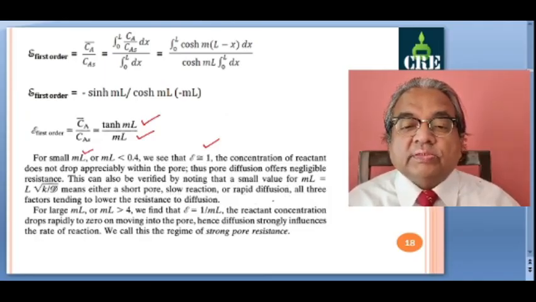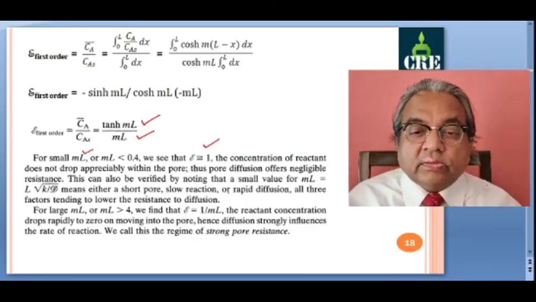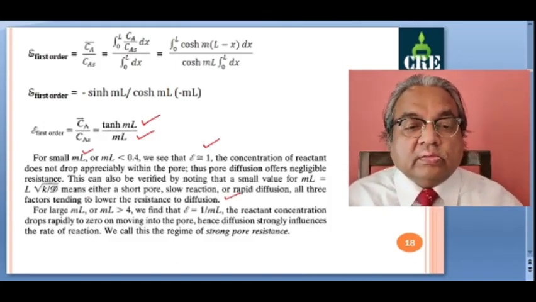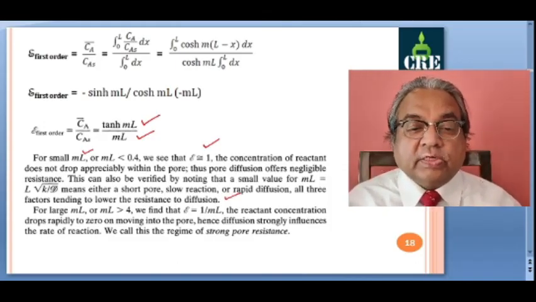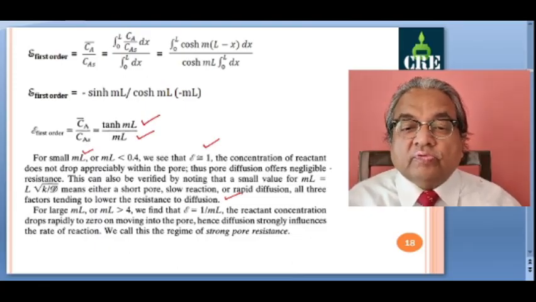So any of these or a combination of these parameters will keep this value low, and these factors push the conditions towards low resistance. So for small mL, the efficiency is approximately equal to 1, that means 100%, so pore diffusion resistance is negligible.